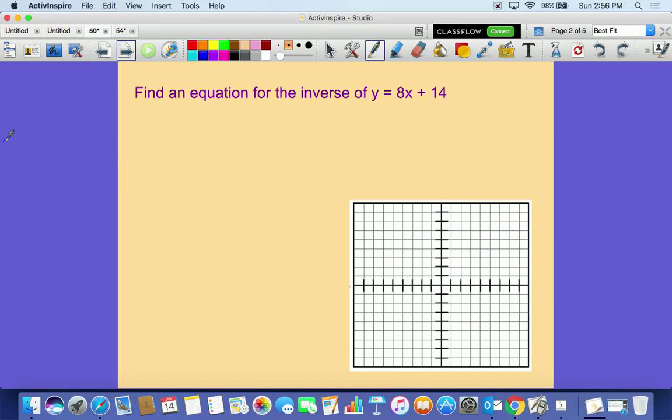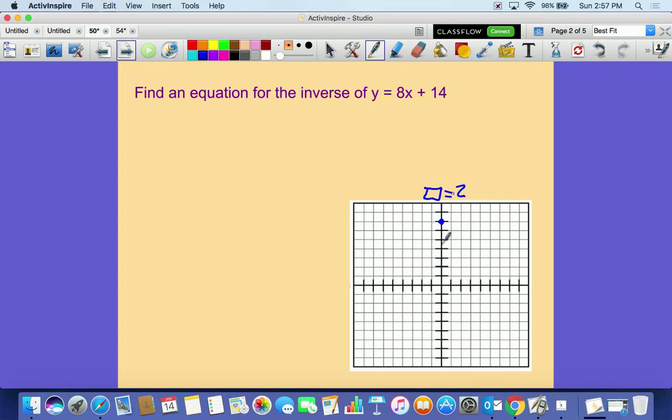If we go to our next one, find the equation for the inverse of y equals 8x plus 14. Well, what we could do is graph this out again. I'm going to make each box worth 2 so that you can see this, which means we go up 7, so we would be here. Then our slope is 8, so since each box is worth 2, we'd have to go up 4 boxes, which would get us off the graph, and then over 1.